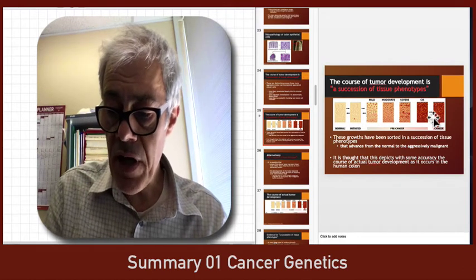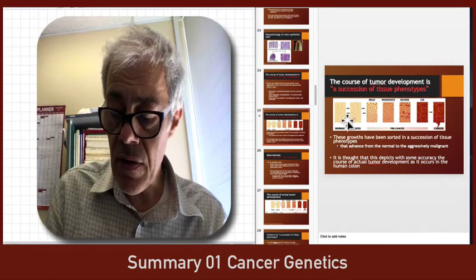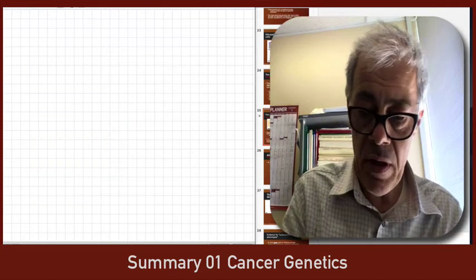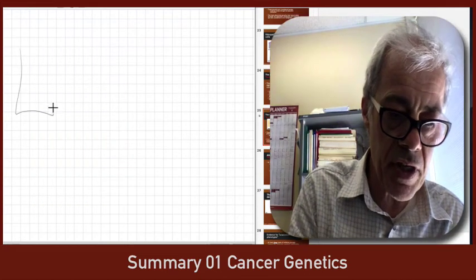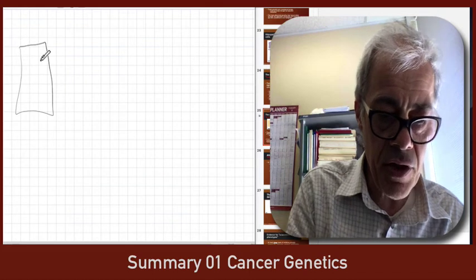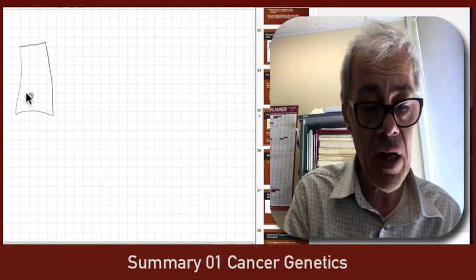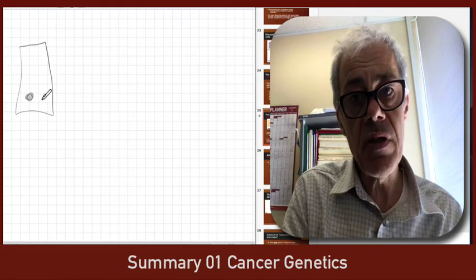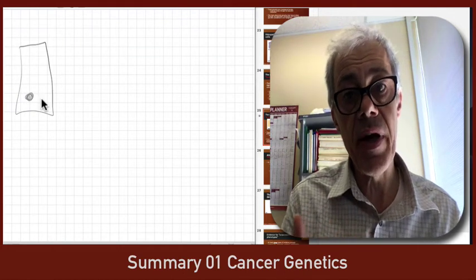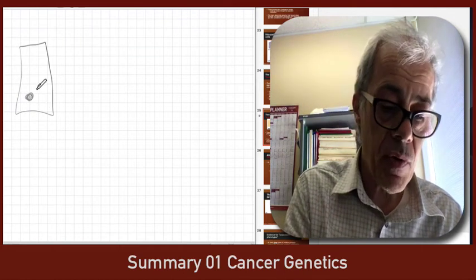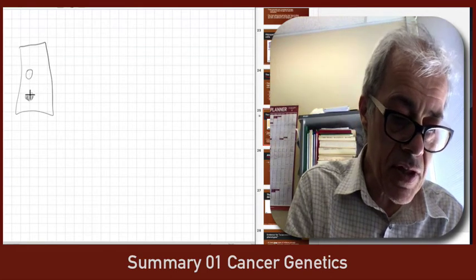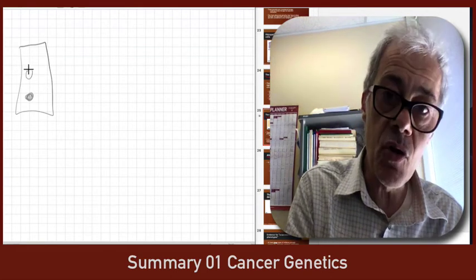over a period of time we have this situation here where we have a tissue that's picked up a cell that's picked up a mutation, and because these are rapidly growing cells, this cell is growing at a faster rate than the normal cells.